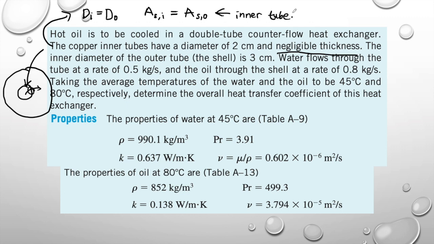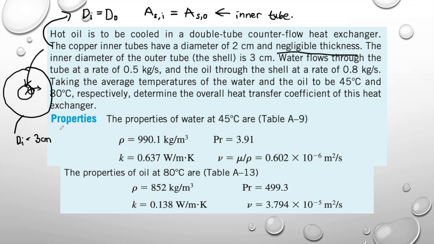The inner diameter of the outer tube, which means the bigger tube, we have the inner tube, and outside of this we have another tube, the outer tube. Its diameter is 3 centimeter. So here Di is equivalent to 3 centimeter.